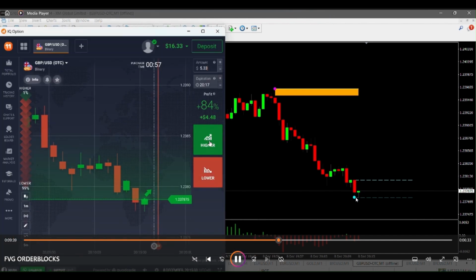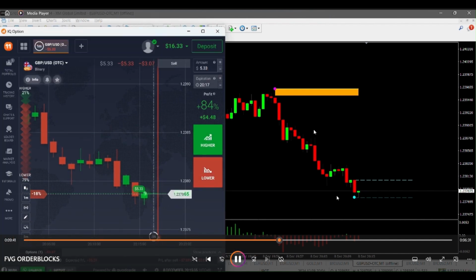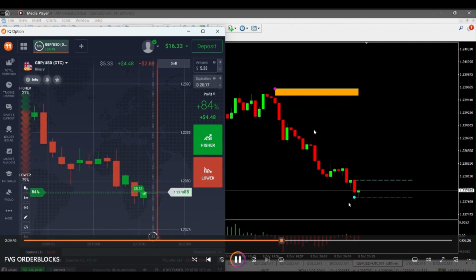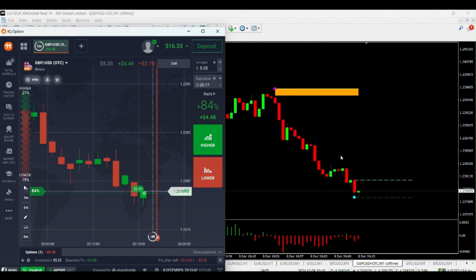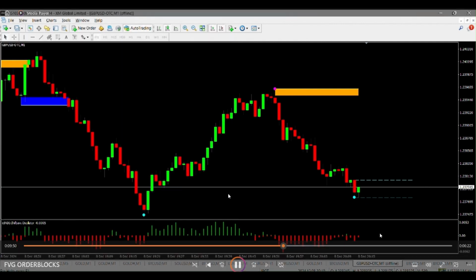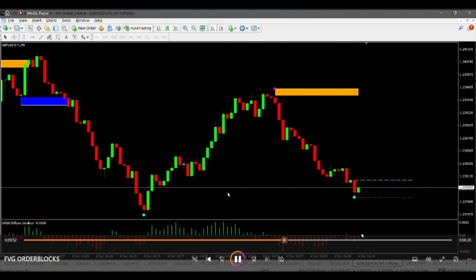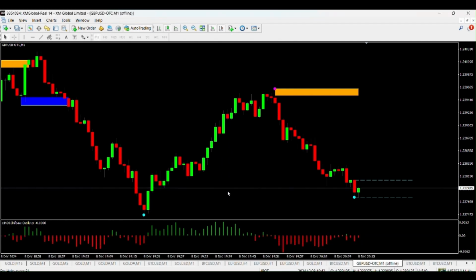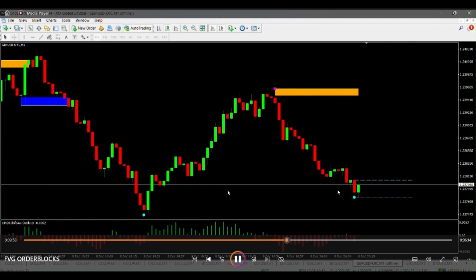So that's a good confirmation. It's like a support zone for this signal. And I took the trade, and I think it's a bit risky because the oscillator here is still on red candle. But let's see.